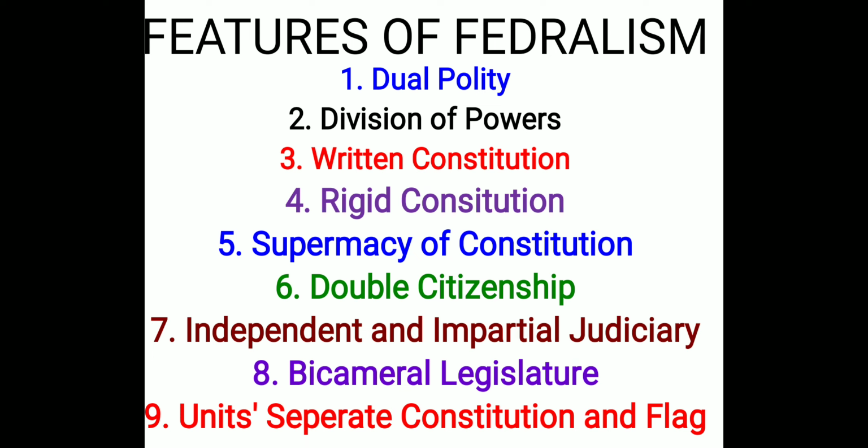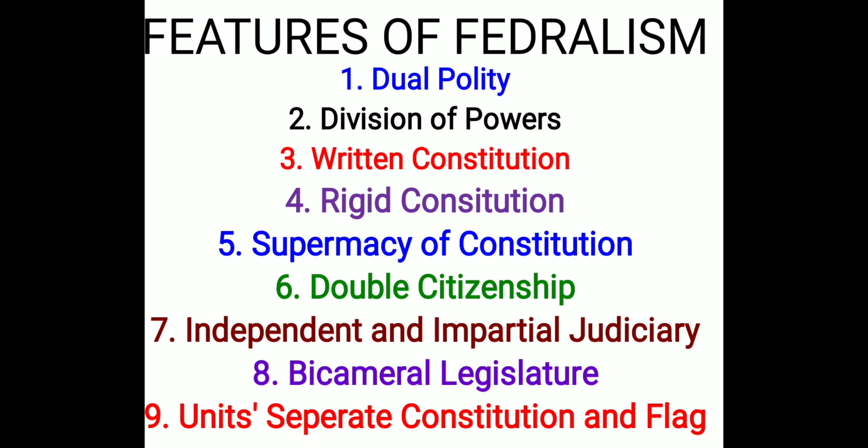Number two, division of powers. Its important feature is division of powers. Its meaning also is related with this feature, that federalism is a form of government which is based on division of powers. So there is clear cut division of powers through a written constitution between center and the units. Units means the states.